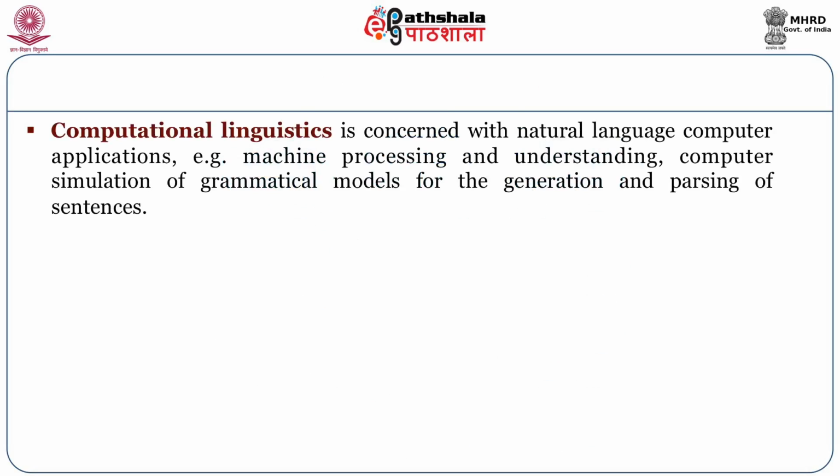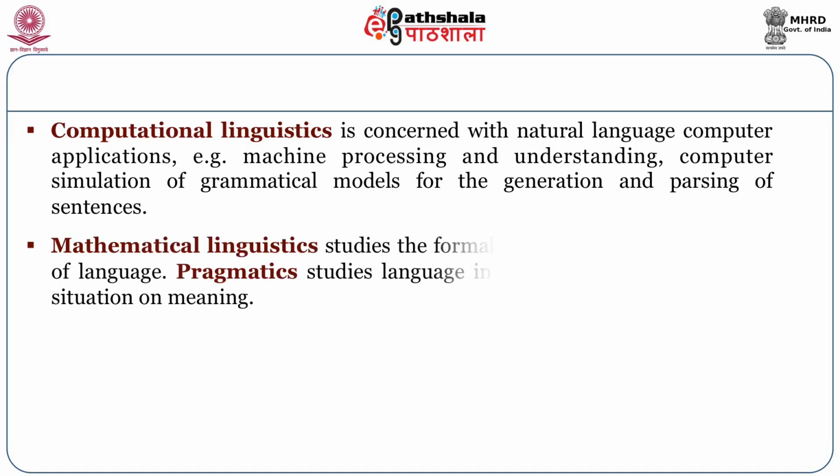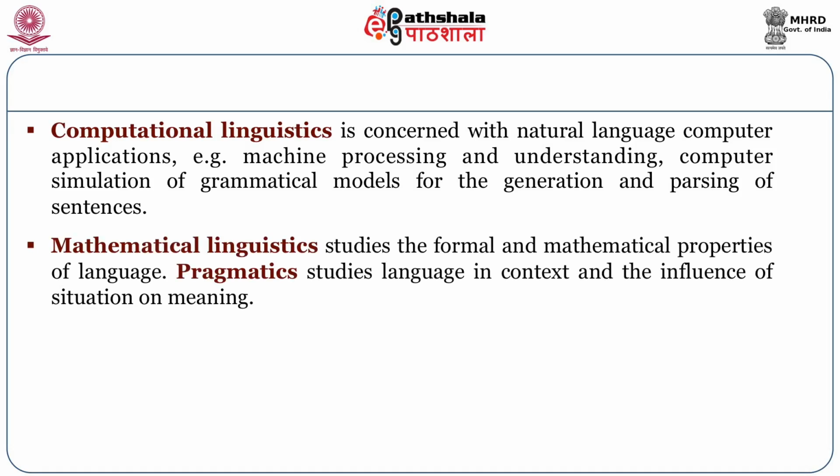We are talking about computational linguistics, which deals with the natural language basis of computer application, machine processing, for example, and understanding computer simulation of grammatical models. Then we have mathematical linguistics that deals with the formal and mathematical properties of language.